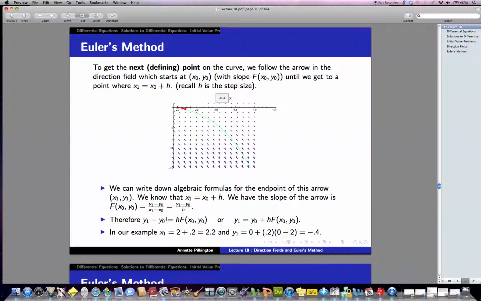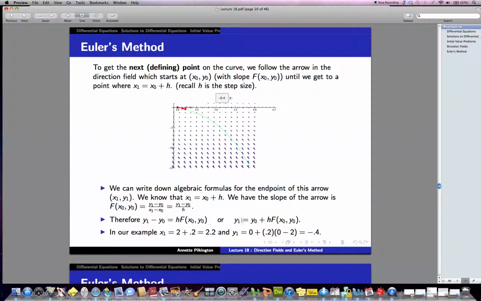Because we're following a line segment here, the difference in the y values between y0 and y1 is the difference in the x's, which is h, the step size, times the slope of this arrow, which is given by f of x0, y0, because we're following the arrow in the direction field that starts at x0, y0.